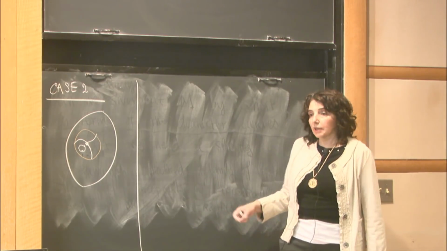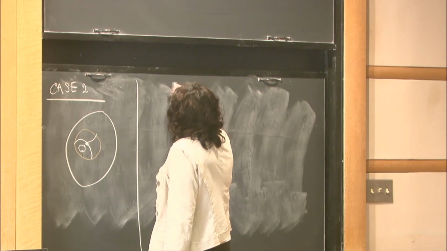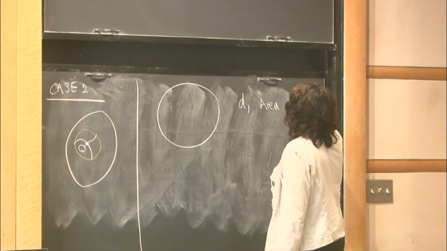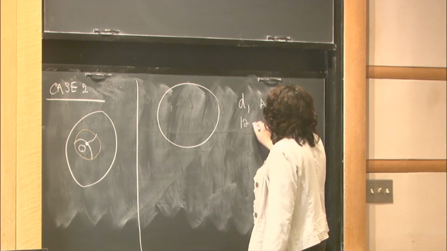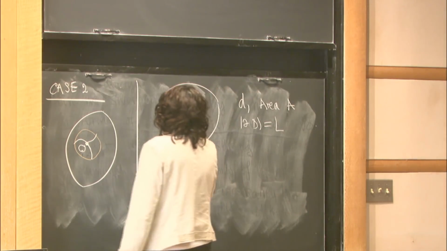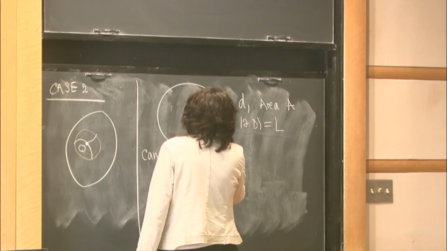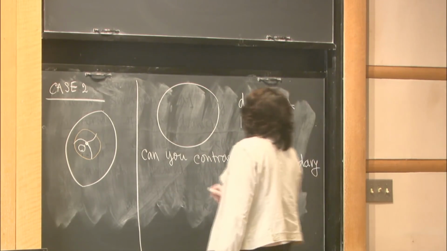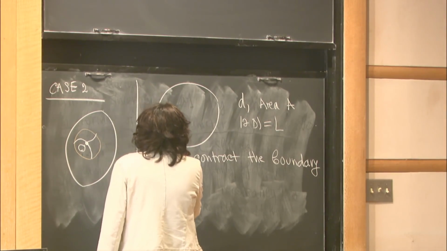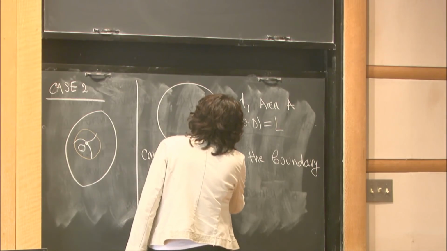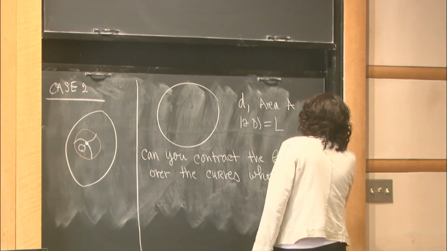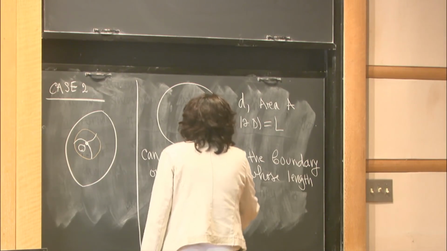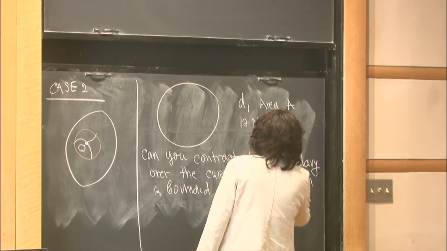They also asked, OK, so you cannot sweep out, but let's say you have a disk of diameter d, area A, and the length of the boundary is L. Can you contract the boundary, this is a question due to Frank and Katz, through curves whose length is bounded by some function of A, L, and D?